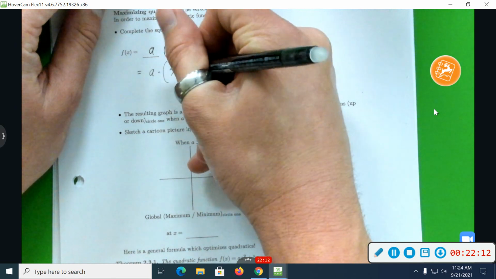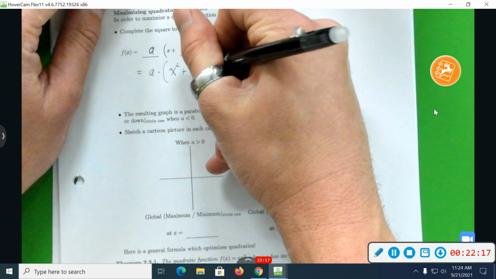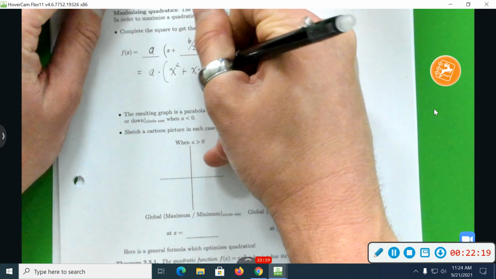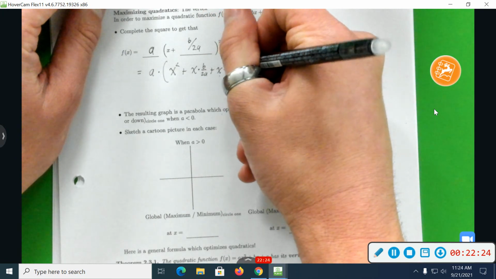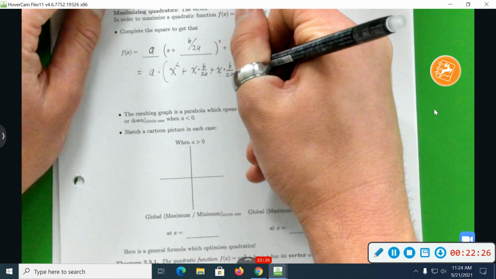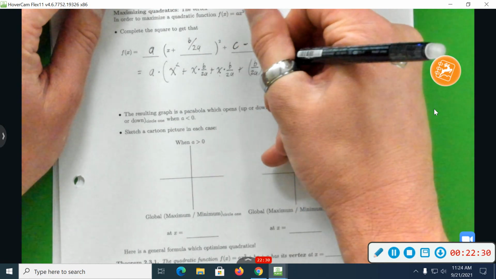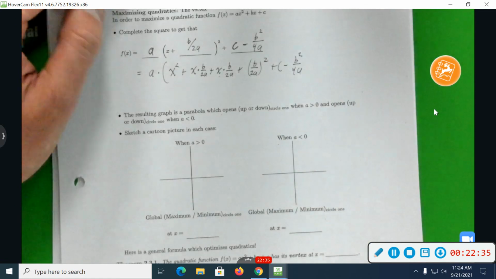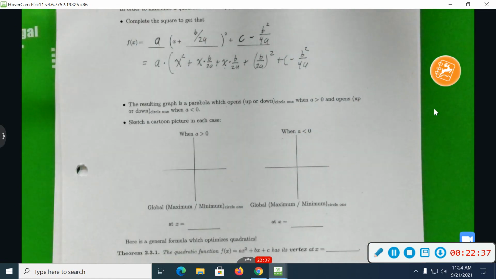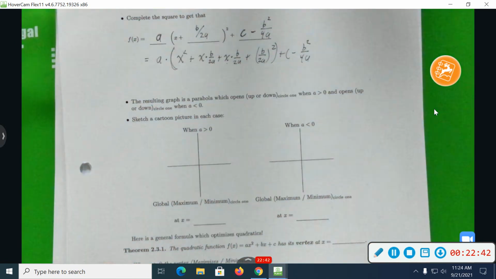So x squared plus x times b over 2a plus b over 2a times x plus (b over 2a) squared, plus c minus b squared over 4a. And there should be a closed parenthesis somewhere, right? Fair enough.